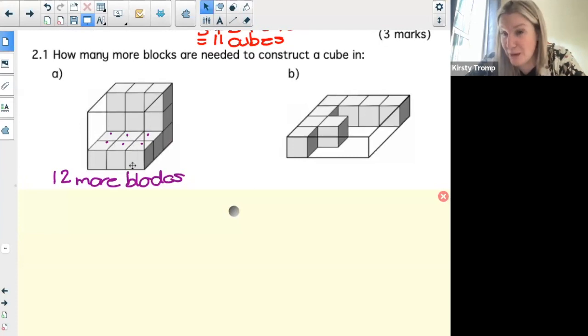We're going to look at this shape B, and I'm asking you, for shape B, how many more blocks would you need to construct a cube in shape B?